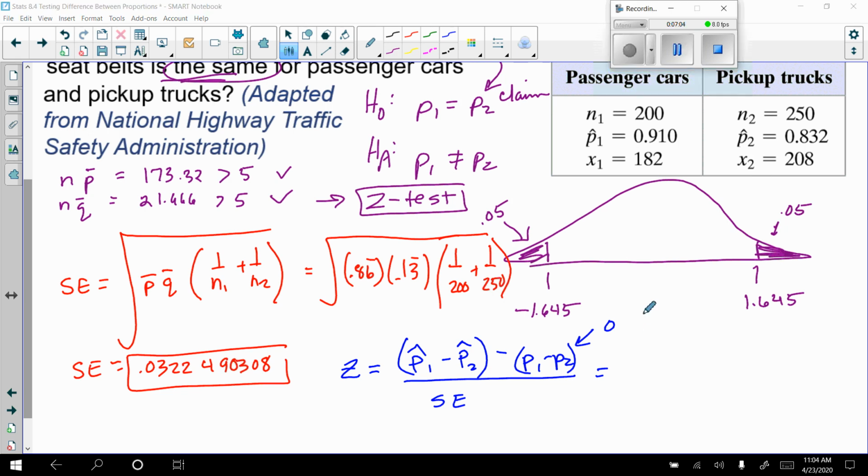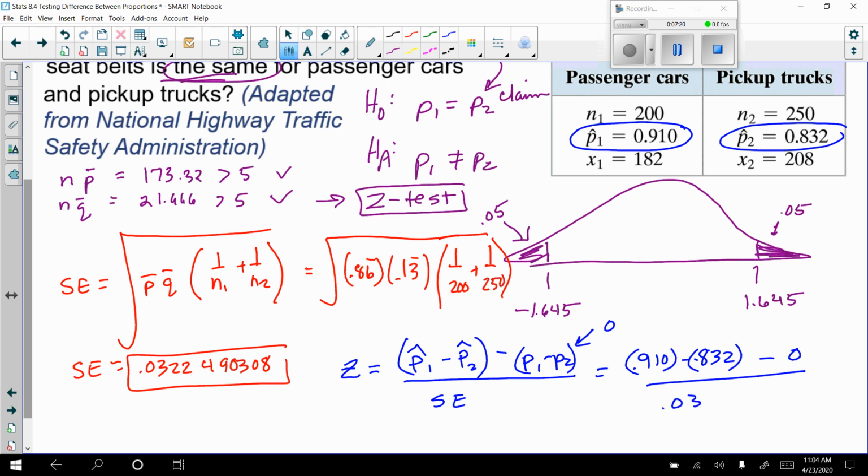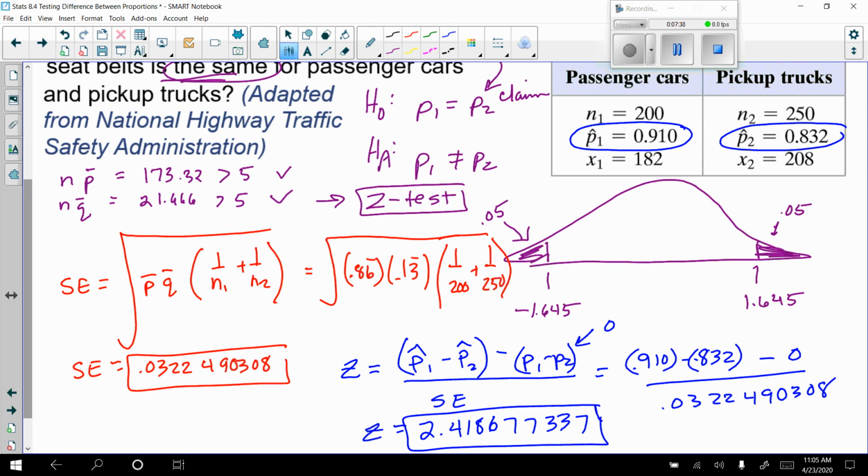In our sample proportions, we have 0.91 and 0.832, minus 0, over 0.0322490308, which gives us a z-score of 2.418677337. That is clearly within the rejection region.